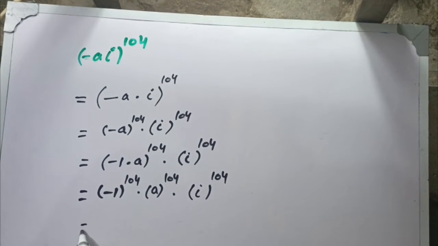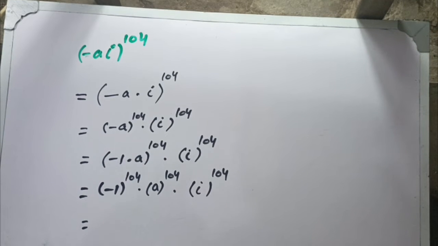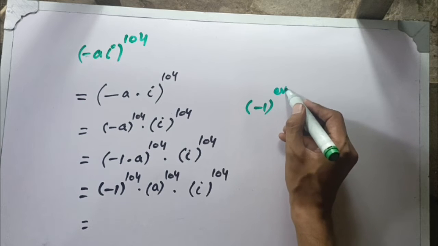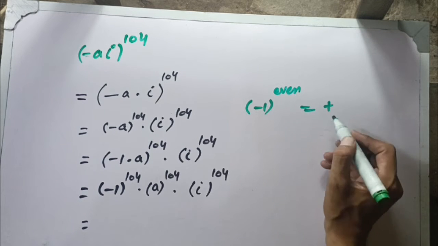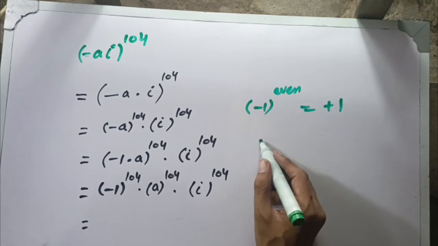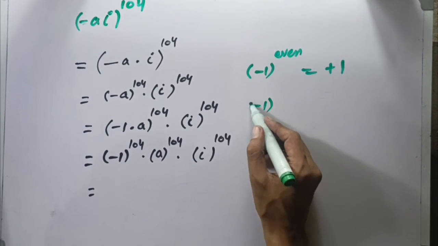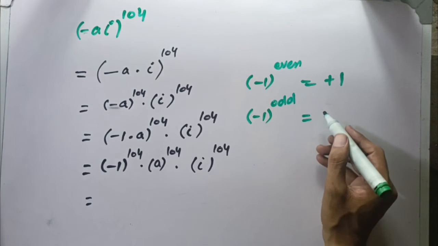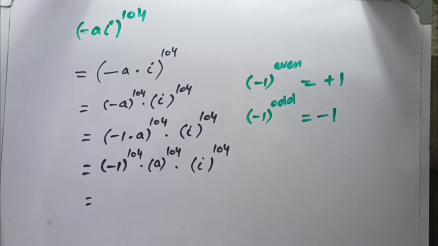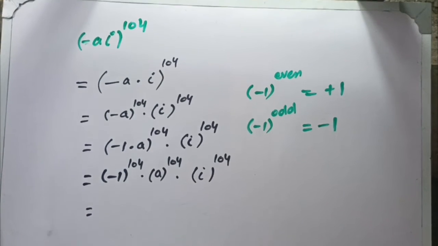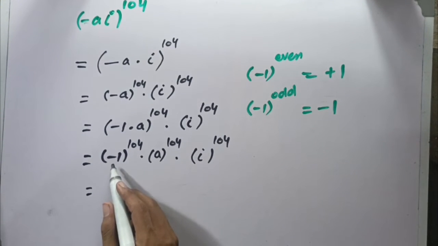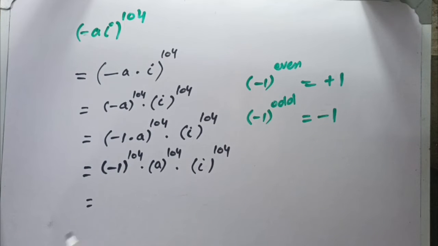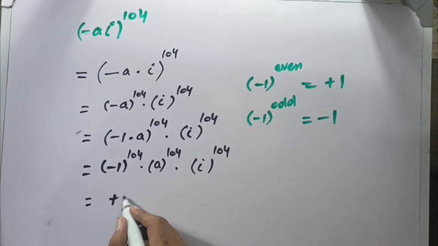We know that the value of minus 1 raised to an even power is always positive, and minus 1 raised to an odd power is always minus 1. Since here we have minus 1 raised to an even number, we can write it as plus 1.